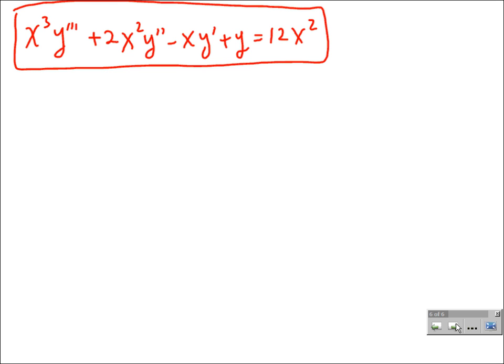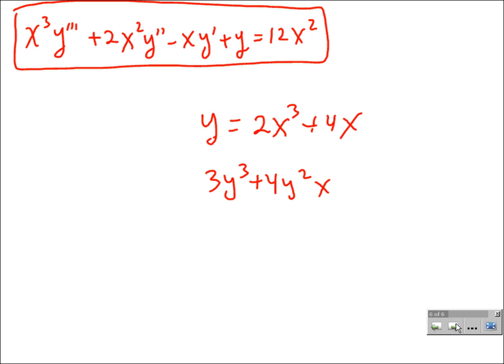That is, I want to get some kind of an equation that doesn't have derivatives. For example, I can say that maybe this is the answer. Or 3y cubed plus 4y squared x minus 7y x to the fifth is equal to 11. That can be the answer.